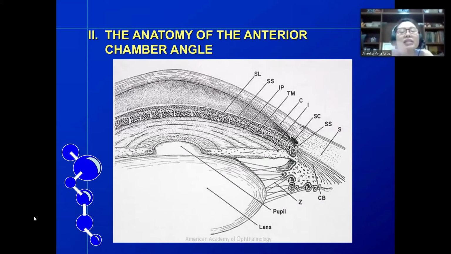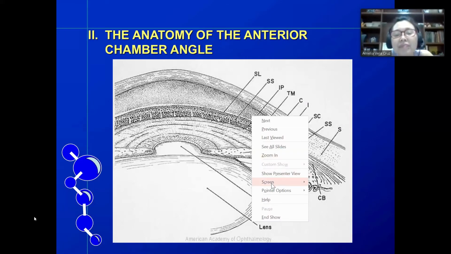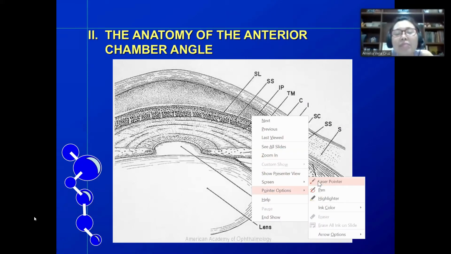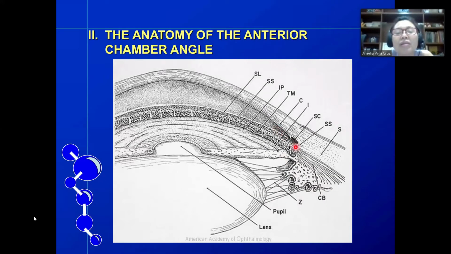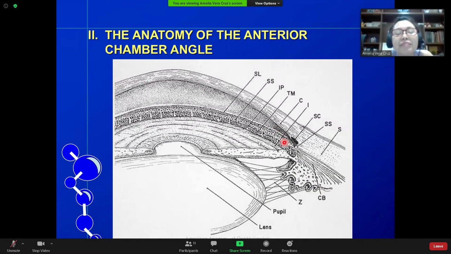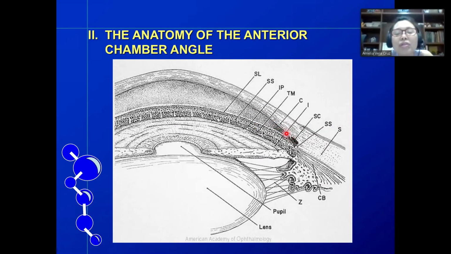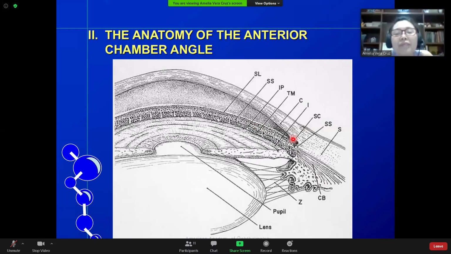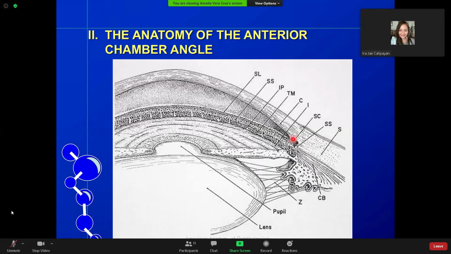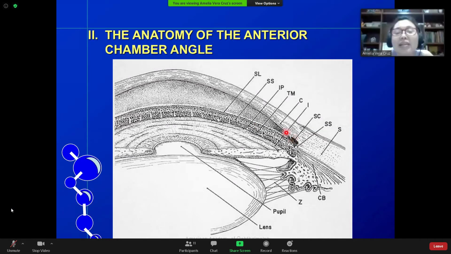This is your anterior chamber angle. Do you still remember the borders of your anterior chamber angle? Anteriorly, what is the anterior border? Cornea, Doc. Which part of the cornea?